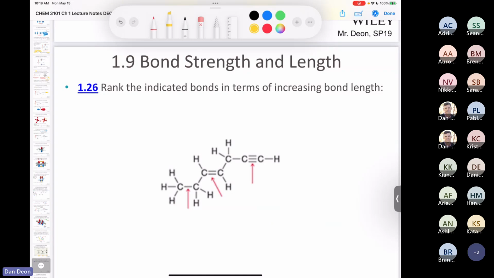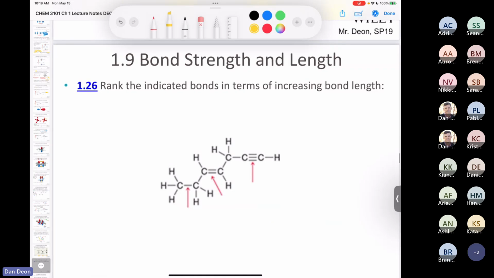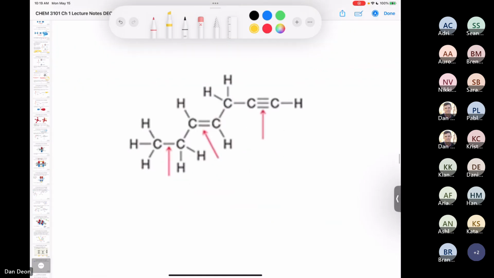All right, let's take a look at this question. It's not meant to be a trick question. It says rank the indicated bonds in terms of increasing length. We'll call this A. We'll call this B. We'll call this one C. We'll go longest to shortest.